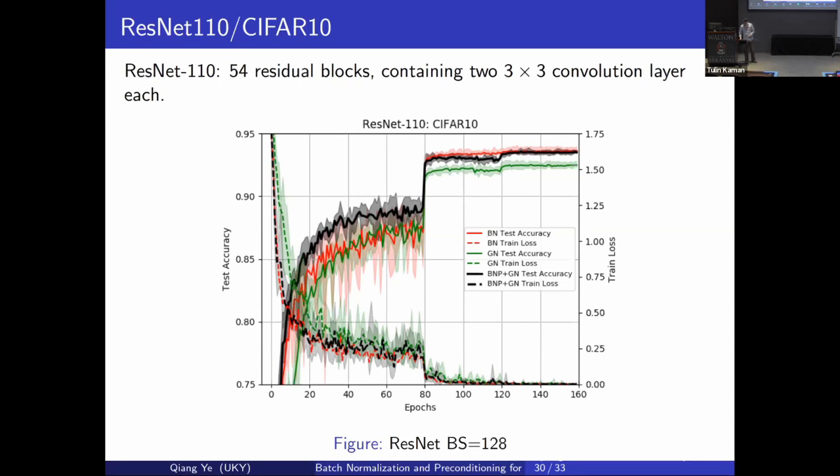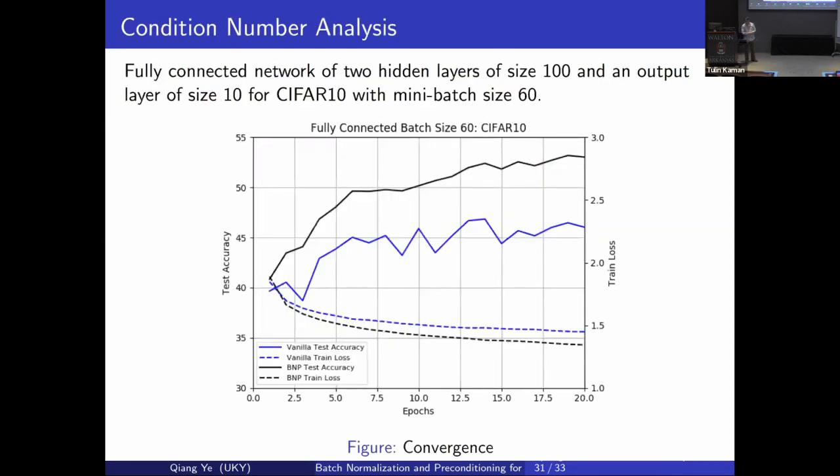I think I have a few minutes, so quickly I want to show you a condition number analysis. Here is a very simple fully connected network, just 2 layers, so that we can look at the Hessian matrix, on the CIFAR-10 data set. Again, we look at vanilla versus preconditioning. The blue line is the vanilla network and the black line is the preconditioned one. Training is accelerated.